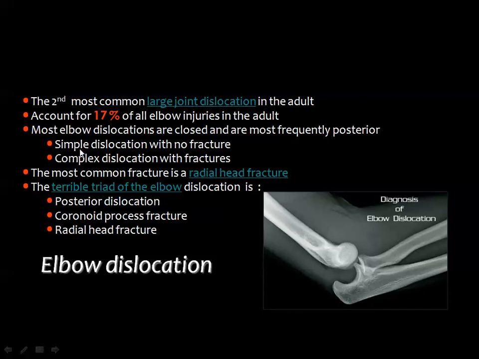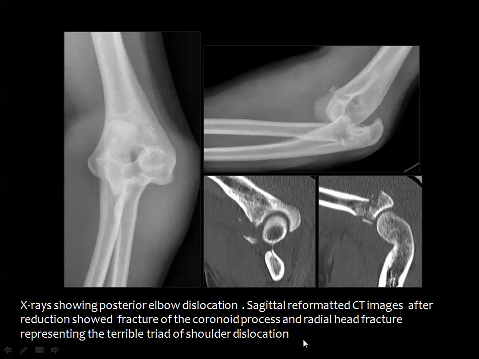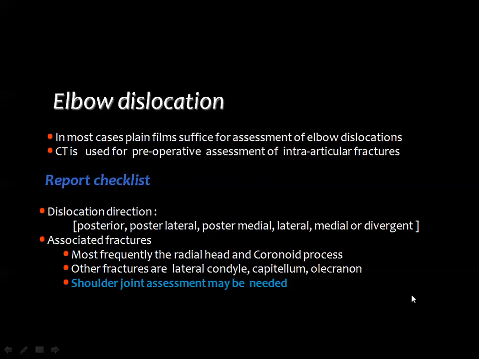Simple dislocation with no fractures, or complex dislocation with fractures, and these are the commonly associated fractures. Of course, the radial head is one of them. And this is the terrible triad of elbow joint dislocation. The ulna is dislocated posteriorly, the coronoid process is fractured, and the radial neck is also fractured.